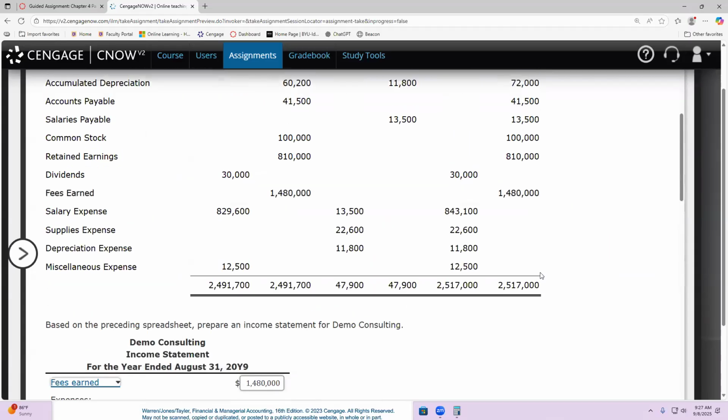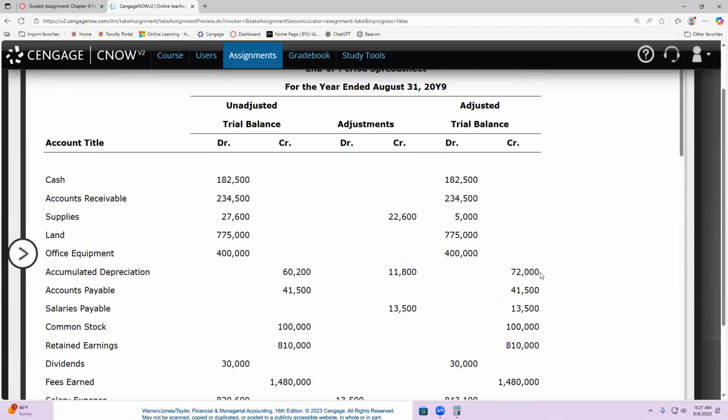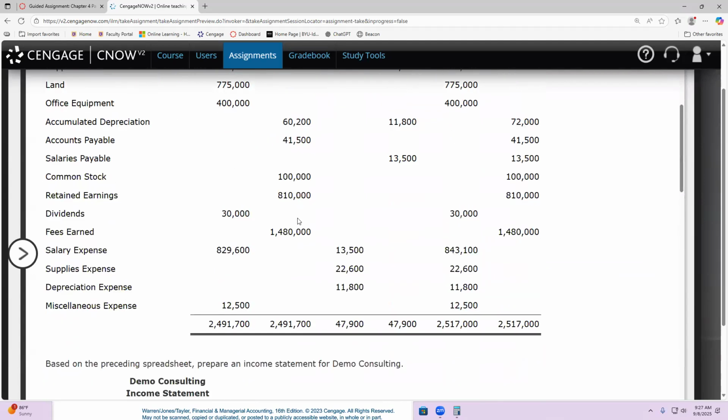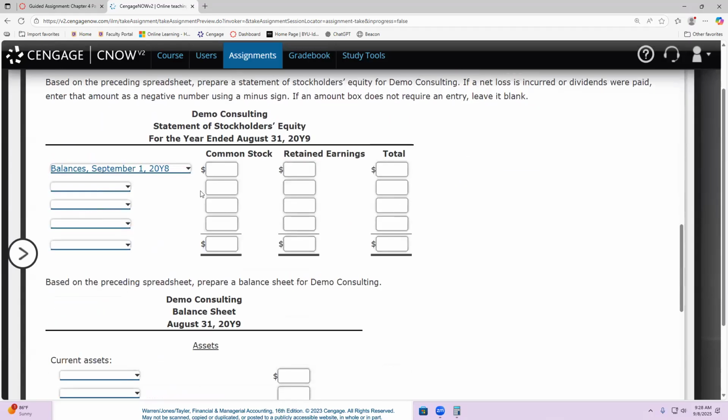All right, so their common stock. This one told us up here that they issued $15,000 of common stock during the year. So the common stock amount we have here is the ending common stock. We know the common stock balance at the beginning was 85,000, and somewhere during the year it became 100,000.